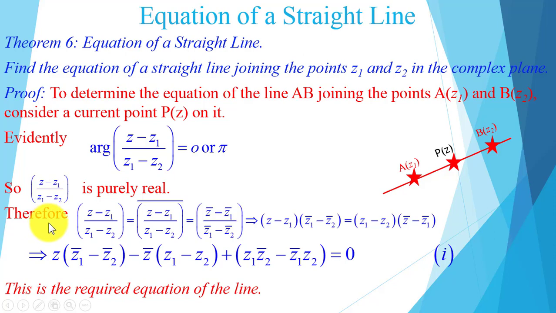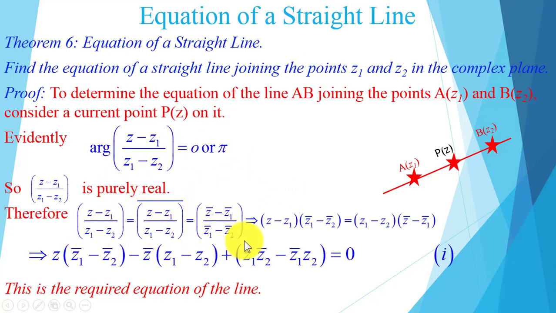Therefore, (z minus z1) by (z1 minus z2) is equal to its conjugate, the whole bar, which is equal to (z bar minus z1 bar) by (z1 bar minus z2 bar).